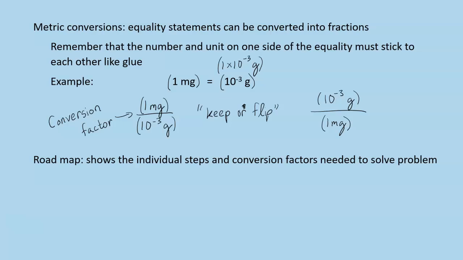In general, when we're looking at a one-step conversion factor roadmap, we're going to start out with the given information, and we're going to end with the target. Underneath our arrows, a lot of times we will include the conversion factors.